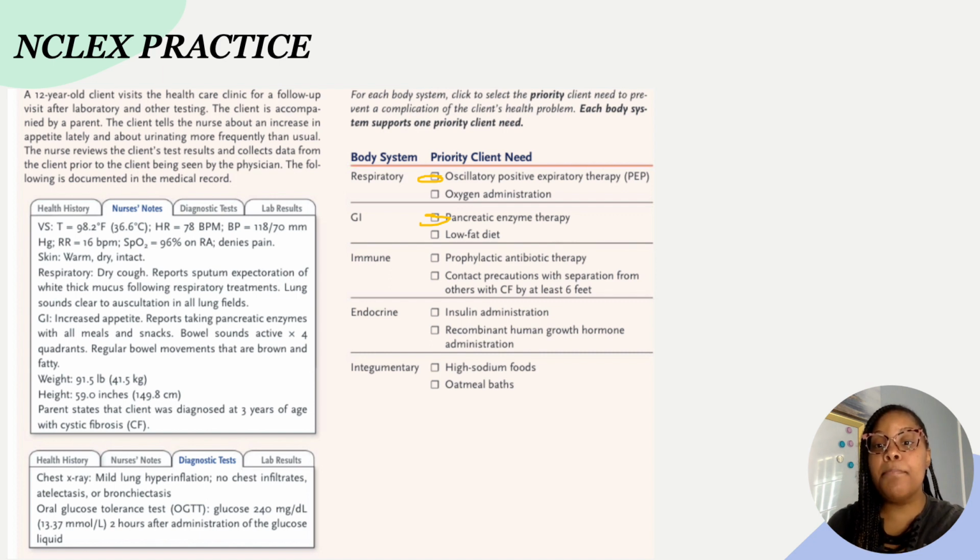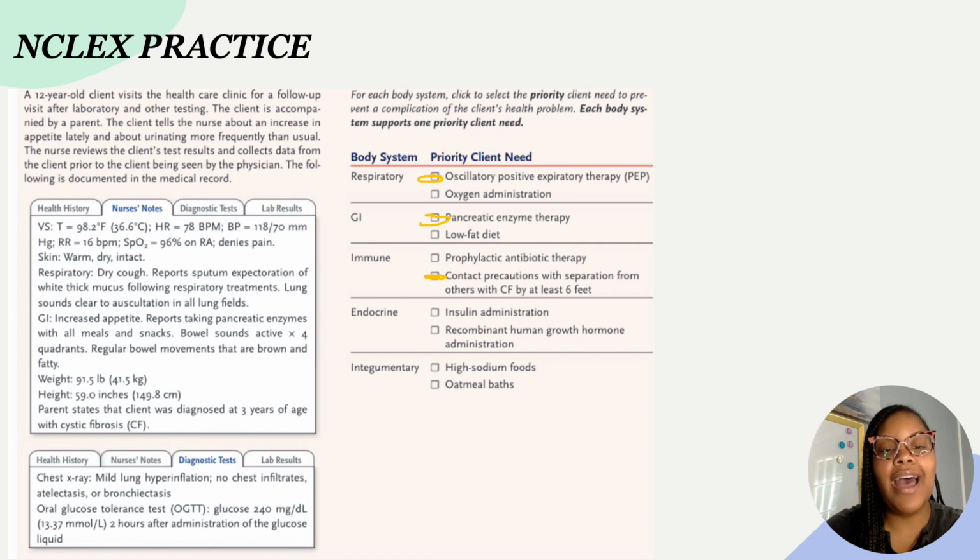Why? Because that builds up resistance for when they do get pneumonia or do get an infection. Guess what? They're going to be resistant to a lot of drugs. So we can't prophylactically recommend that that patient be on antibiotics. But we do want to make sure that this patient is not cross-contaminating themselves with other cystic fibrosis patients who are sick.